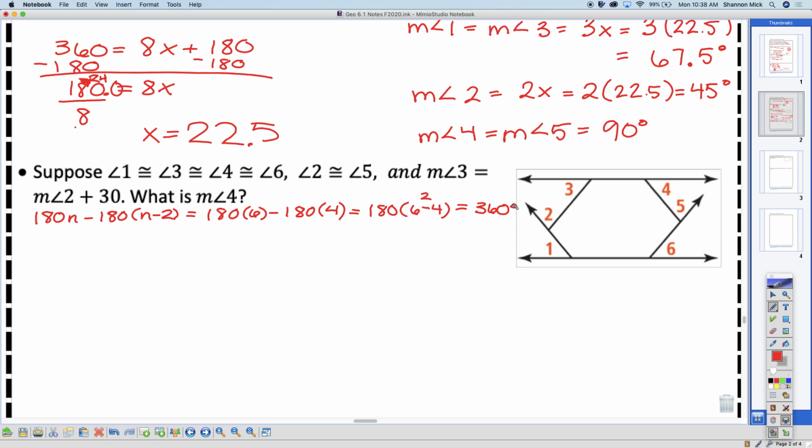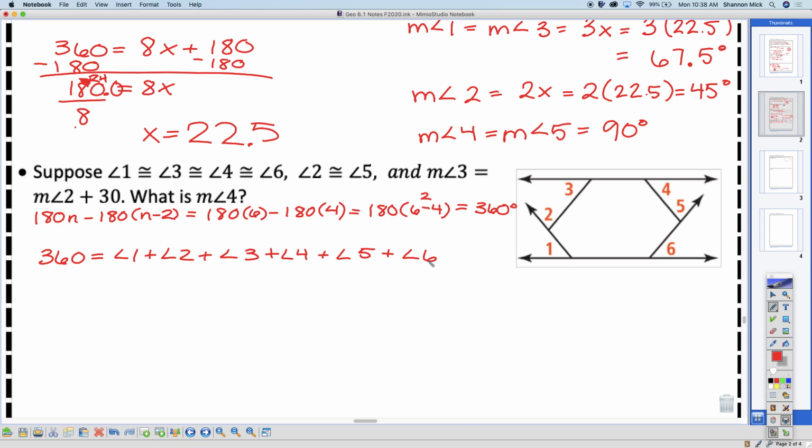So when I add up 1 through 6, it equals 360. So 360 equals angle 1 plus angle 2 plus angle 3 plus angle 4 plus angle 5 plus angle 6. Yes?